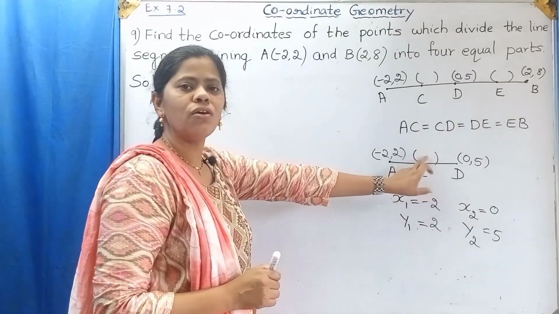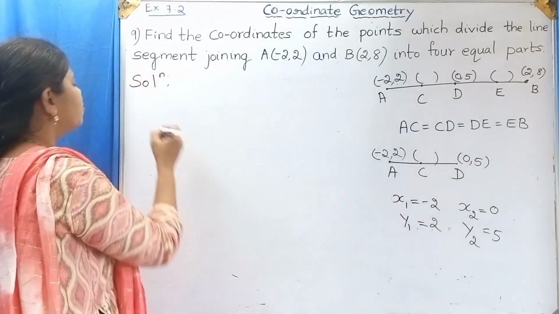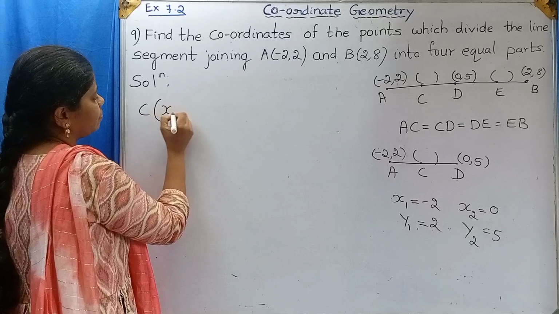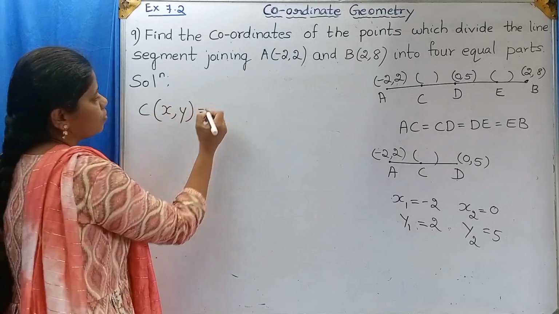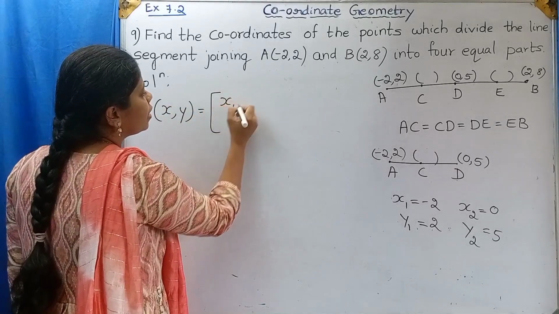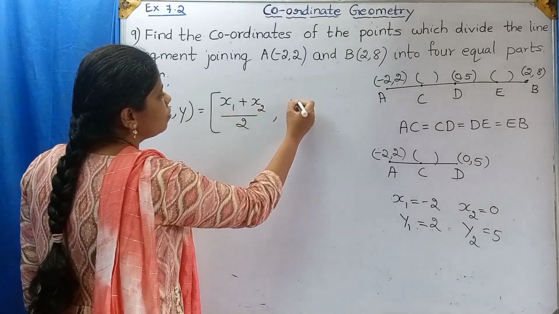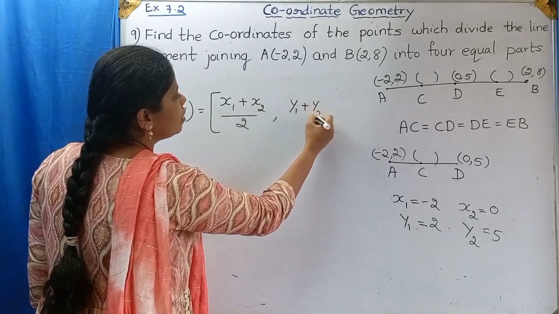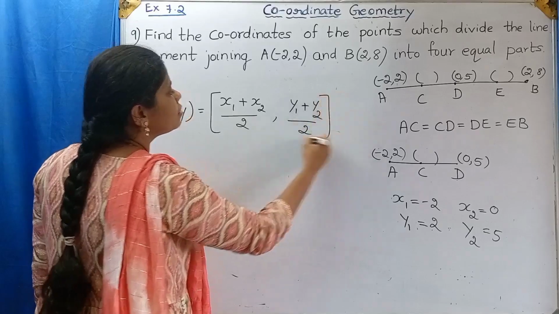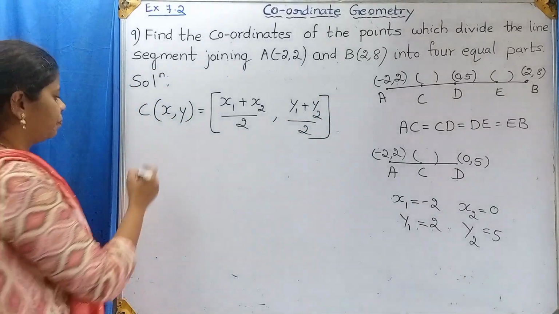Since we are finding the coordinate of the point C, let me write C(x, y) is equal to (x1 plus x2) divided by 2, comma (y1 plus y2) divided by 2. This is our midpoint formula.